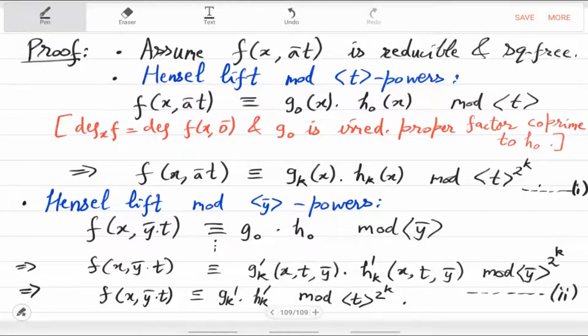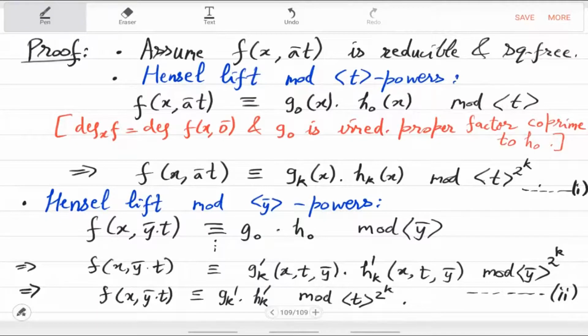So if you set t raised to 2 raised to k to 0, that will be like setting monomials in y bar of degree 2 raised to k to 0. It's actually equivalent. Okay, so now we have factorization 1 and factorization 2 in the same modulus, right. We have mod t raised to 2 raised to k in both the moduli.